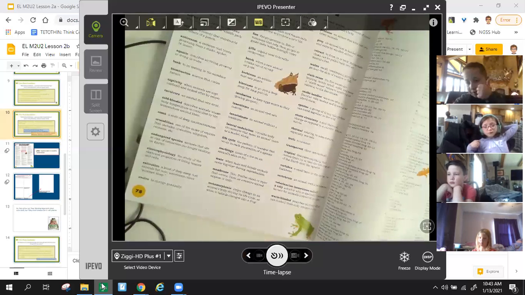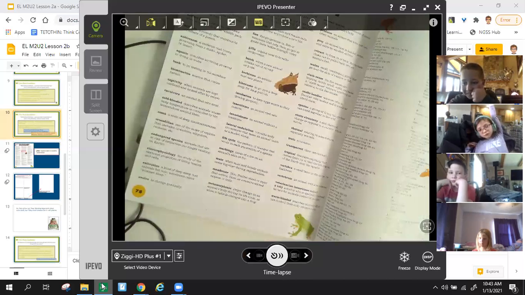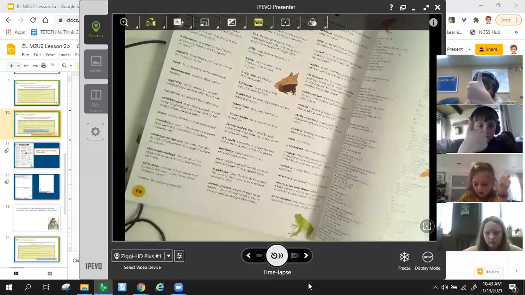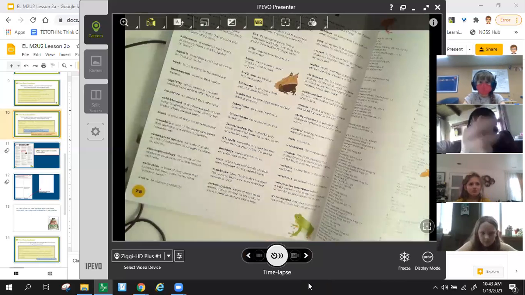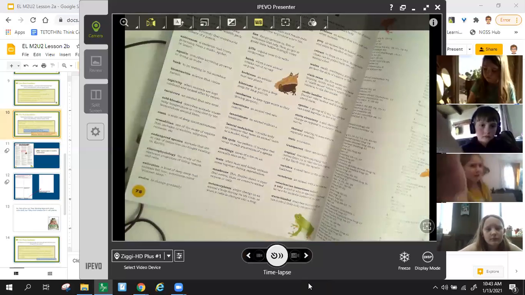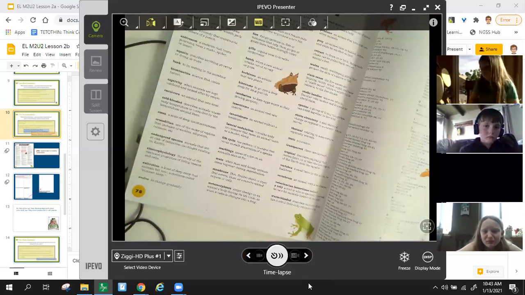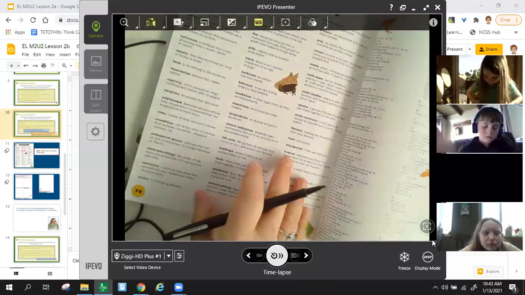What other animal do we know firsthand that goes through metamorphosis, Miss Bird? Butterfly. Butterflies, right? Caterpillars and butterflies. We know that there was metamorphosis there. But if we didn't know, we could go to our glossary and look for it for sure.